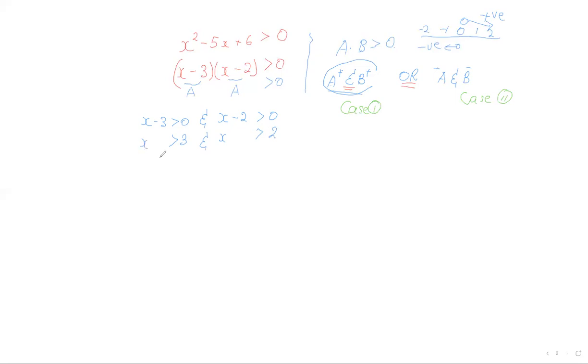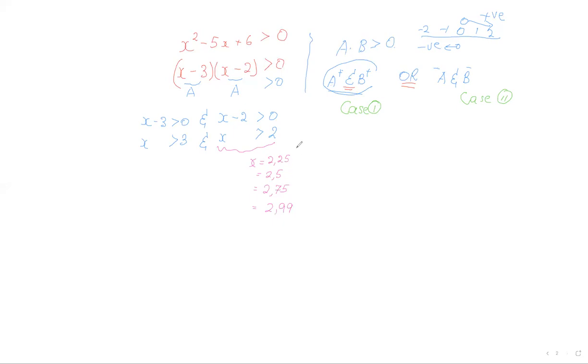Now, if x is more than 2, let's look at something of interest here. If x is more than 2, x can be equal to 2.25, which is a quarter, 2.5, which is a half, or 2.75, three quarters, or it can be 2.99.